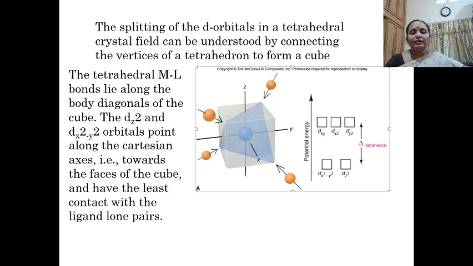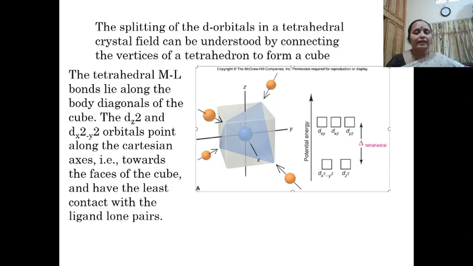Under crystal field splitting in tetrahedral complexes, what do we observe is that as the ligands come along the vertices, the orbitals dxy, dyz and dxz undergo greater repulsion, and as they undergo greater repulsion, their energy increases.